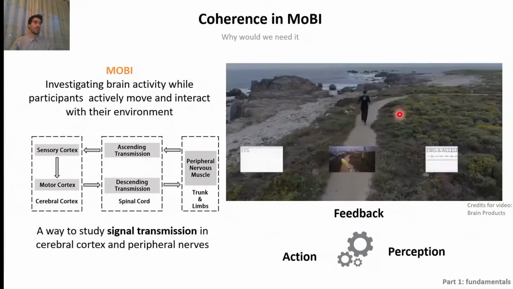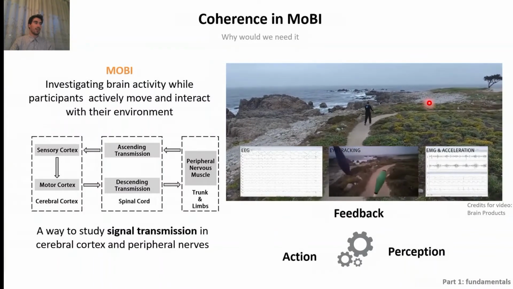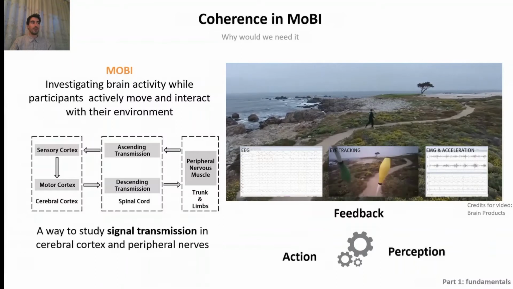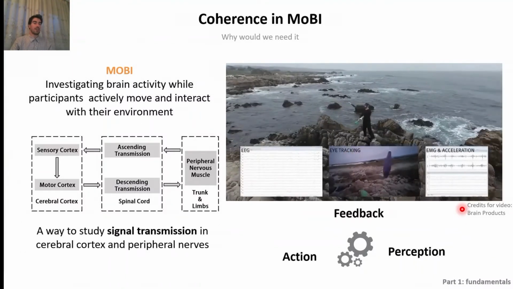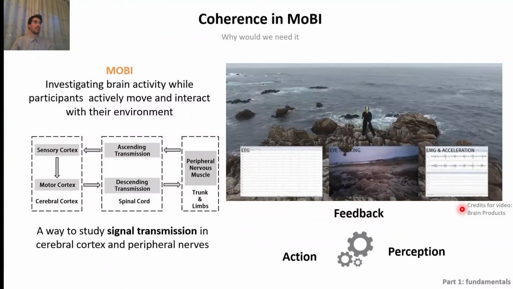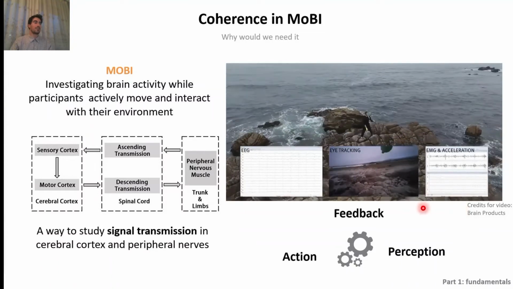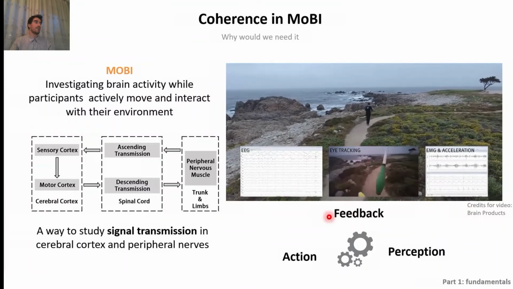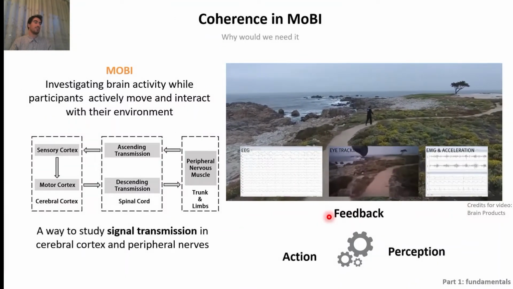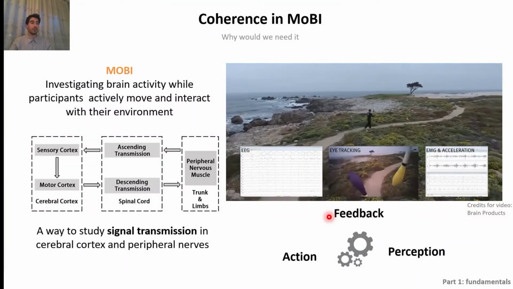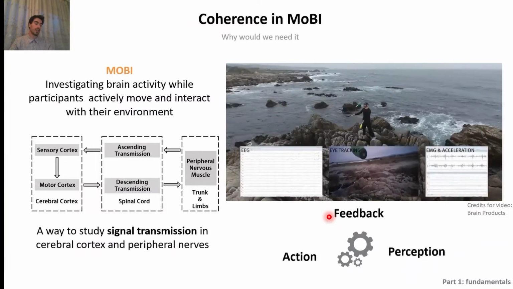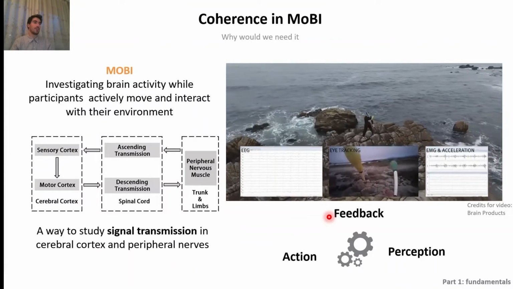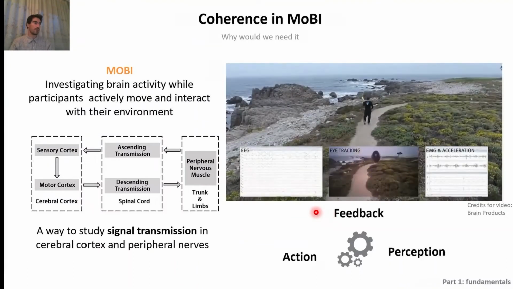As you can see from this video that I like very much, just to do this task, which is admittedly not that simple, you need to actually get information from your vision, and you need to track your body in space, and then of course you need to determine which movement you want to do, and you have to predict the trajectories of all your limbs to actually produce the movement you want.